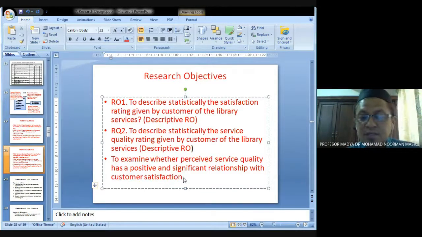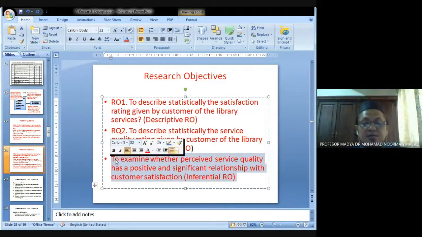So this is an inferential research objective. This one we have already analyzed last 2 weeks using SmartPLS.